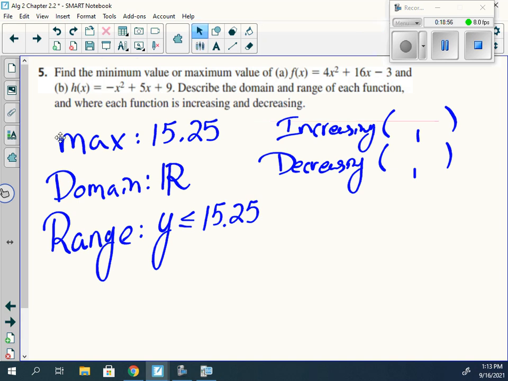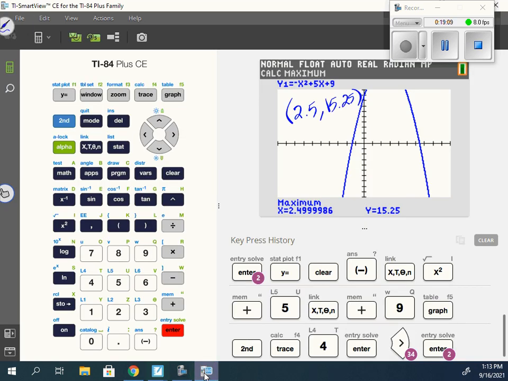So we will have increasing and decreasing, and it's really going to be focused on the x value of 2.5, because that's where the vertex is at. That's where it's located at. So if we pull up the graphing calculator, well, coming from the left-hand side, is the graph increasing or decreasing? It's increasing, so it's going to be increasing from negative infinity to 2.5. The value of the vertex.